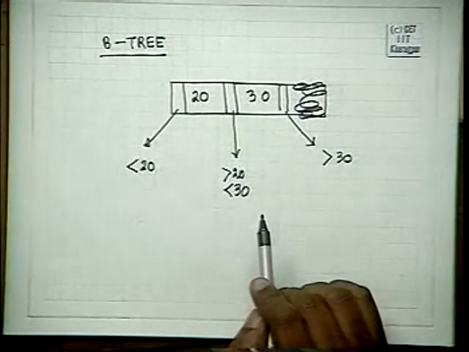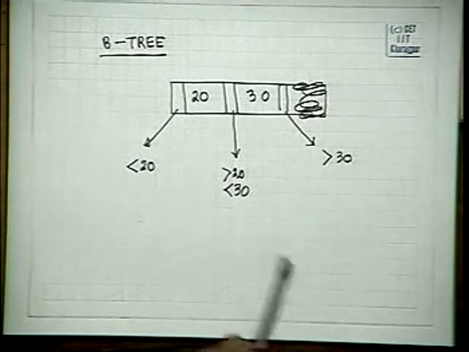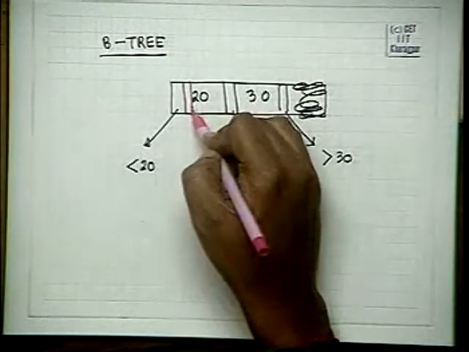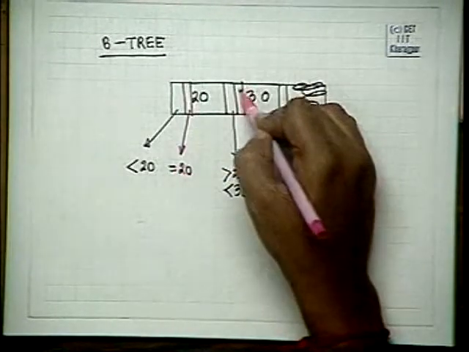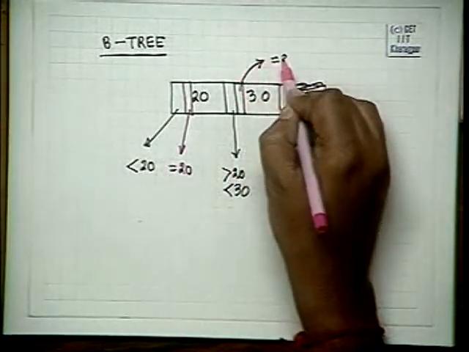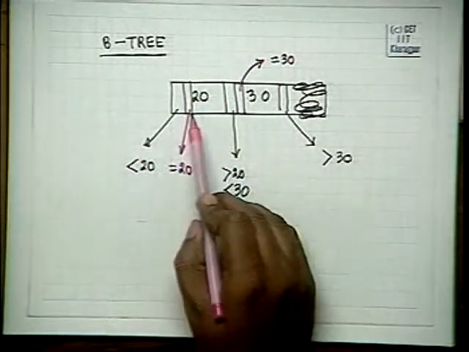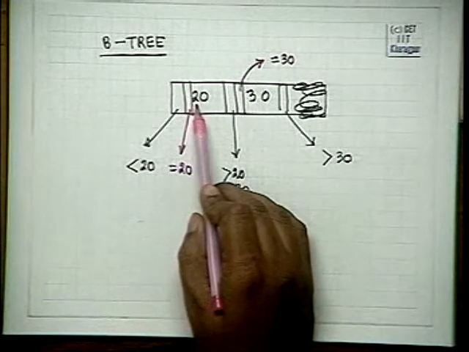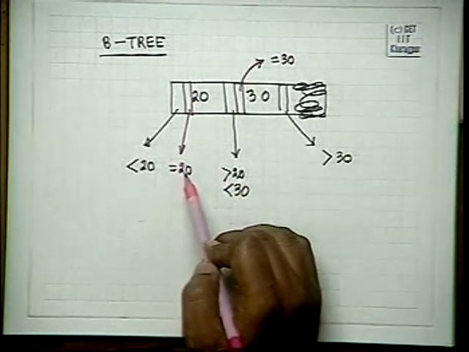Now, what about the elements pointed by 20 and 30? They have special pointers here. This is the element equal to 20 and this is the element equal to 20. So, instead of going right down to the leaf node, at an internal node, if you have a value equal to the key field, from that internal node you get a block pointer.